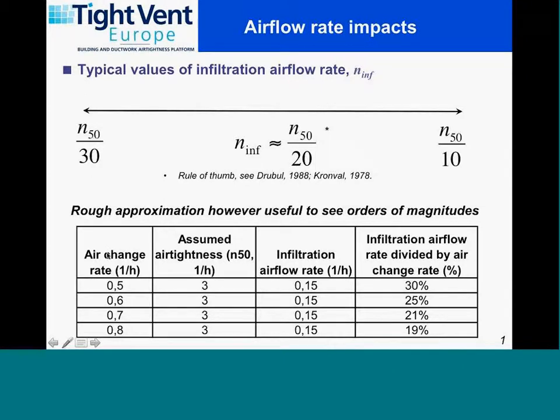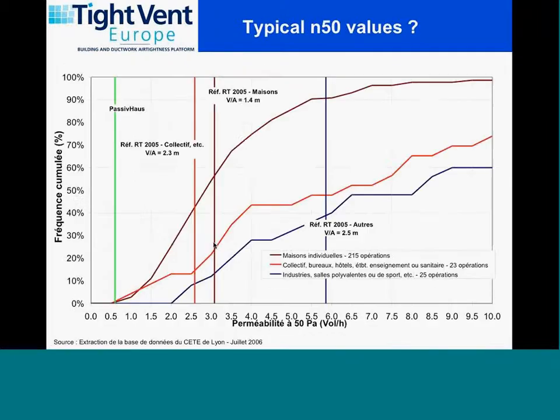Reasonable air change rates in Europe are between 0.5 and 0.8 air changes per hour. And you can see that the infiltration airflow rate typically is between 20 and 30%. In that case, I have assumed a given airtightness in air changes per hour at 50 pascals. This actually may be a little bit optimistic. Look at this data that was collected in France.